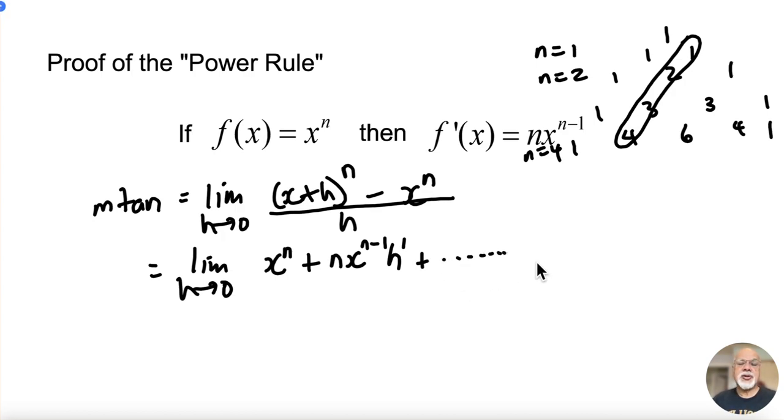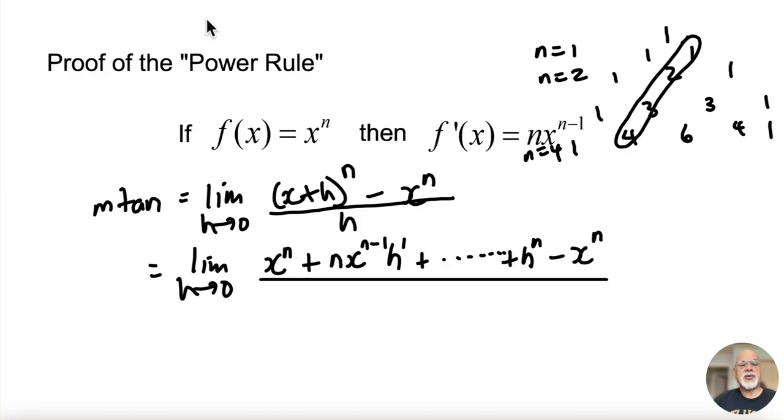Now, all the other terms will have h's in them, all the way down to the very end, where we'll have h to the n, and then we've got that minus x to the n at the end, and this is all over h. So this becomes the limit as h goes to 0 of, and the x to the n term, as you'll recall from before, goes away.